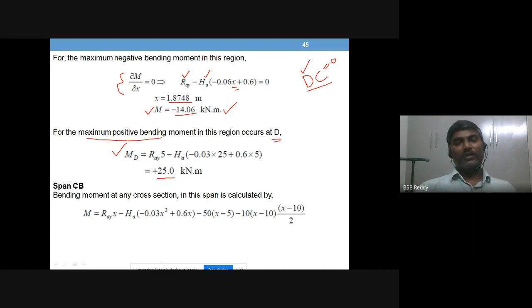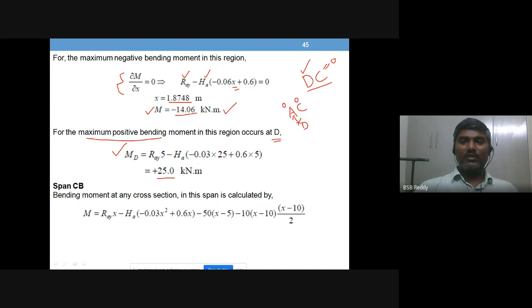Now you can see a complete analysis of portion AC is done. Moment at A is 0, moment at C is 0, and moment at D where the point load is, is 25 kilonewton meter.